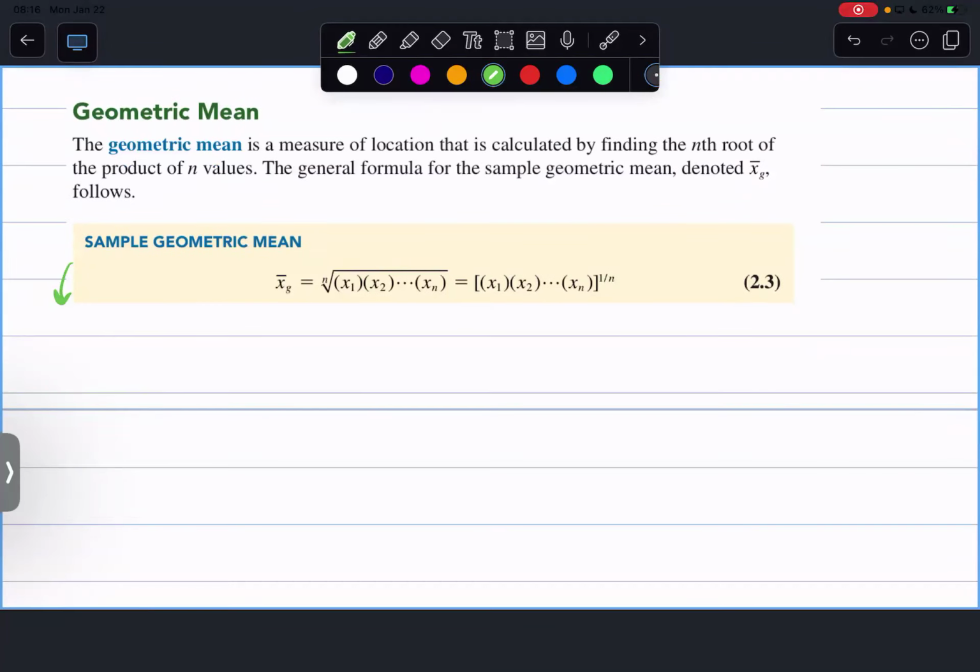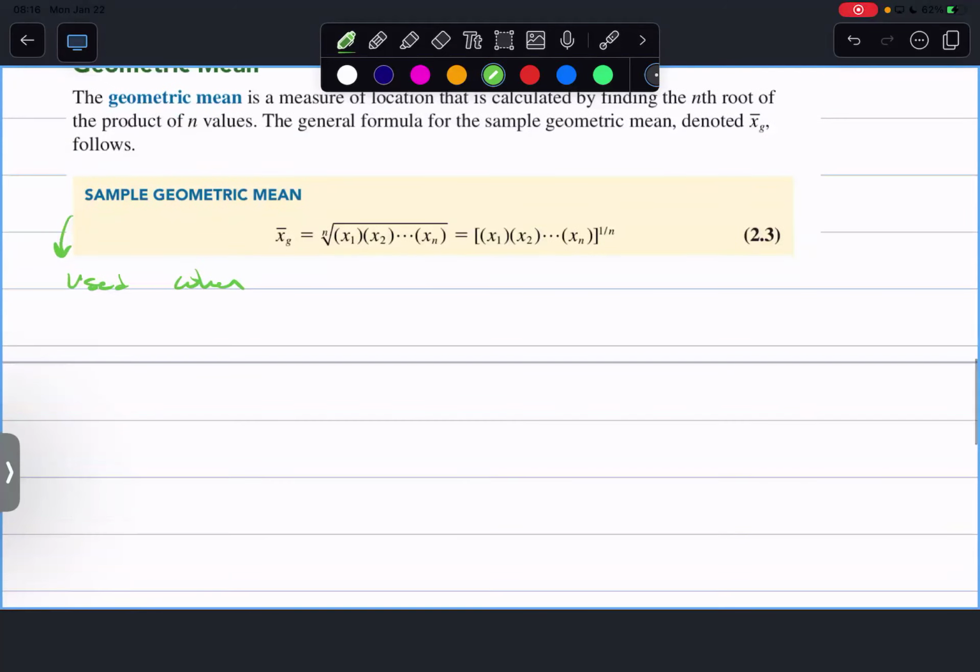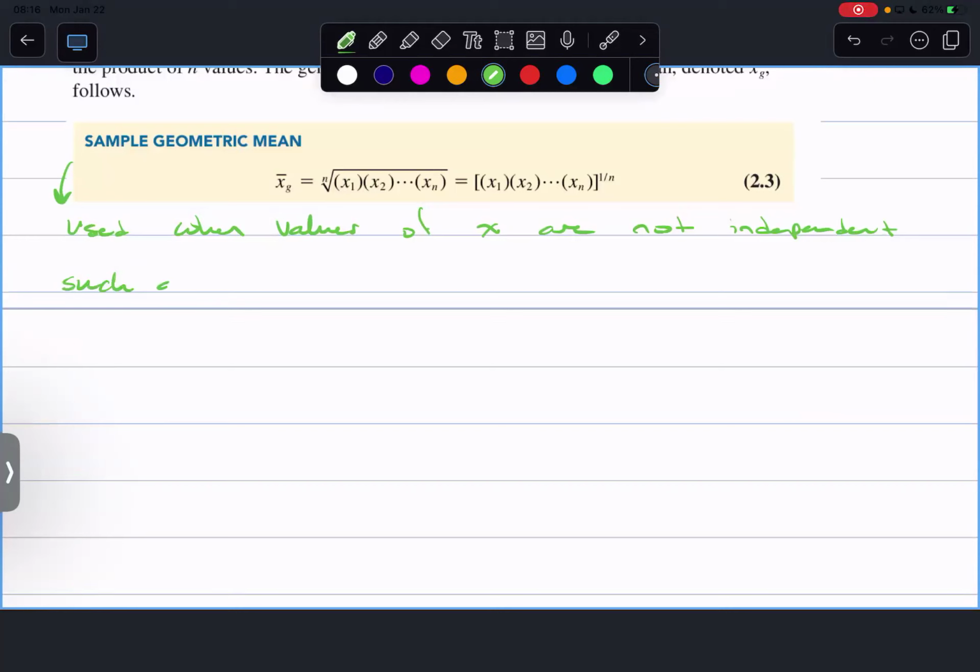So the geometric mean is used when values of x are not independent, such as daily stock prices, or daily temperatures. The temperature today depends on the temperature yesterday, that kind of thing.